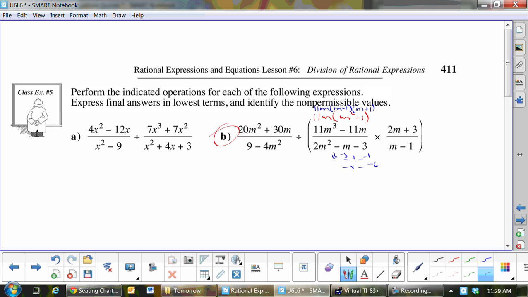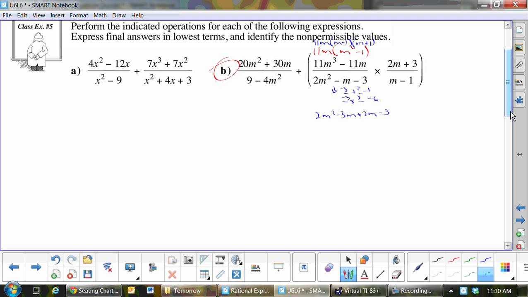Negative 3 and 2. Now remember, this is a type 2, so we've got to go 2m squared minus 3m plus 2m minus 3. Okay, now put your brackets.